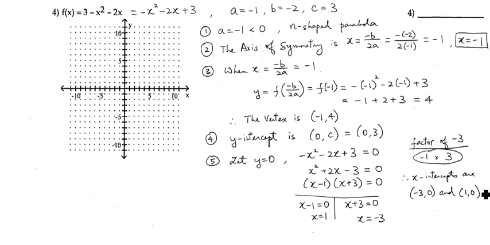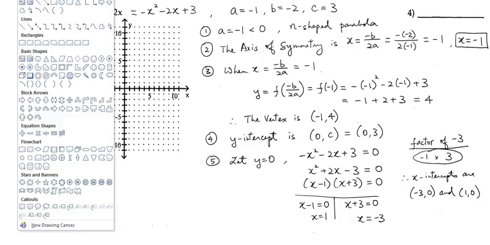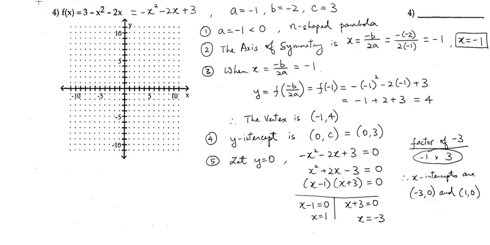So now we can begin. We know that this is an N-shaped parabola. So it would be an N shape, go like that. But where would be the mirror? It would be x equals negative 1. So we have x equals negative 1. This would be the line.